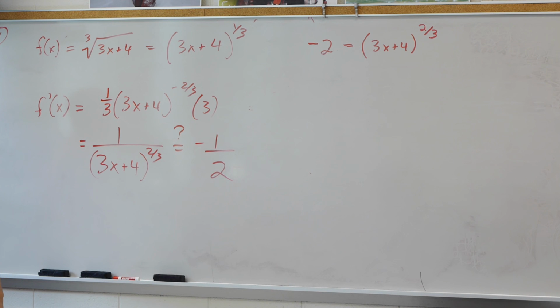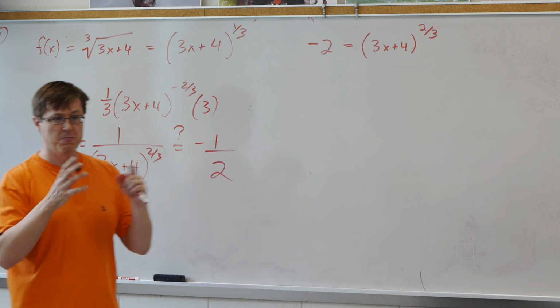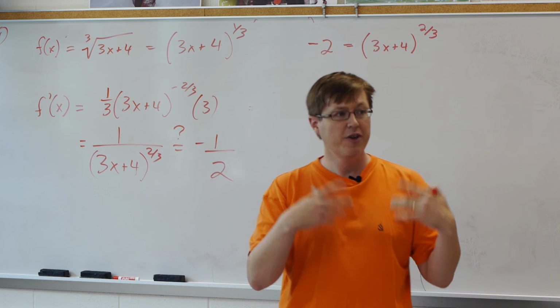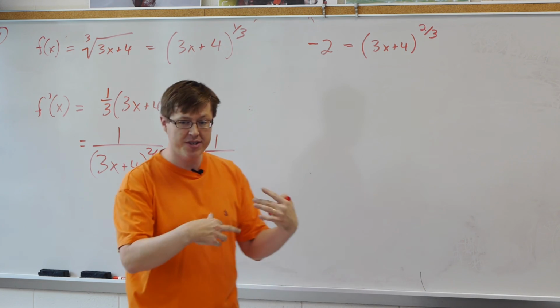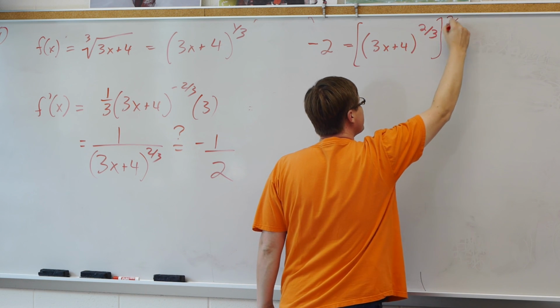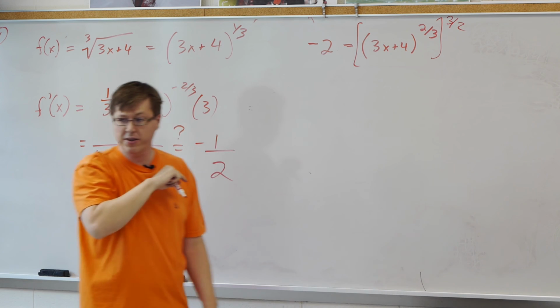Now, the big question is, do you remember how to get rid of a 2/3 power? What power will cancel out a 2/3? 3/2. Right, I take the reciprocal and raise both sides to that power, because 3/2 is going to cancel out the 2/3.